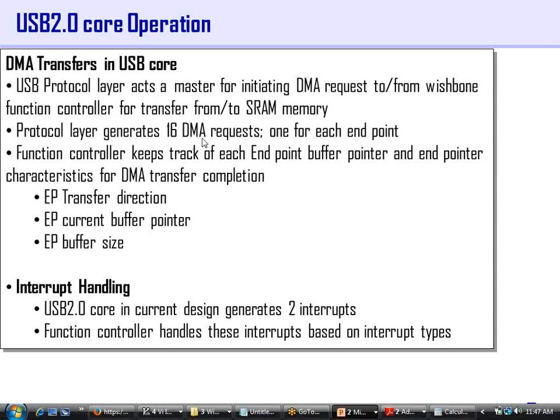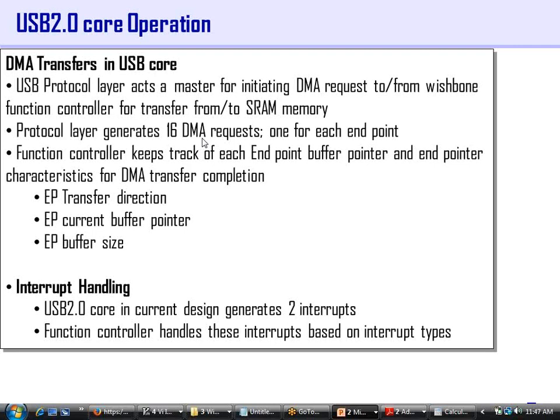So why do we need 16 lines for DMA request? 16 endpoints? Because if you use only one DMA request, what is the problem? If 2 transfers come on 2 endpoints, how does the controller know for which endpoint the DMA request is?